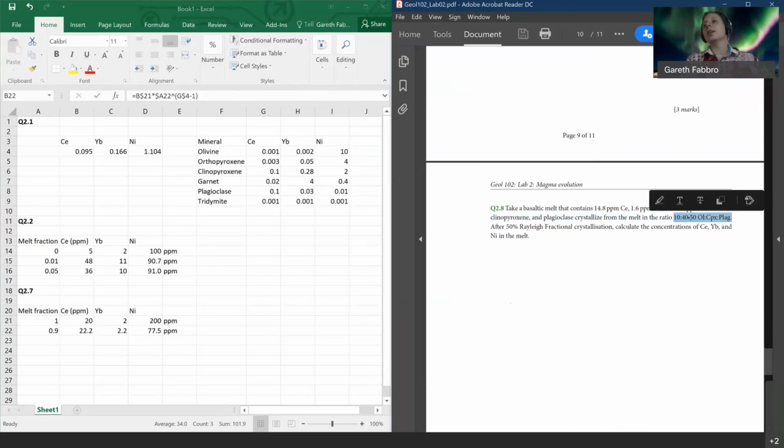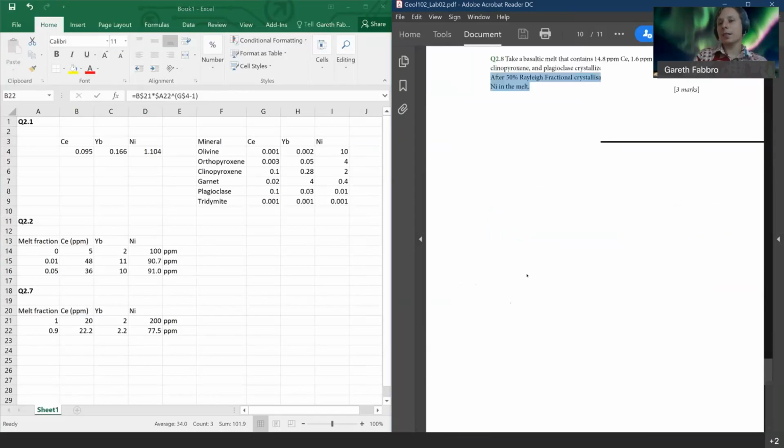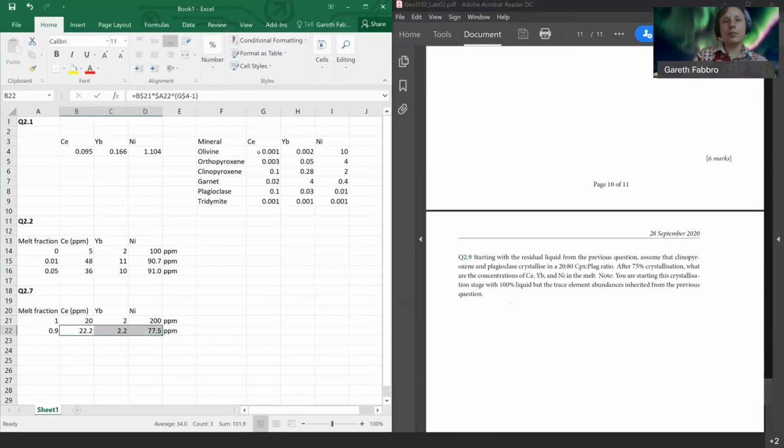In this case, you have to work out the bulk partition coefficients again of this solid. And then you can calculate your Rayleigh fractional crystallization. So you just do this equation here. But here we could just plug in the number straight from olivine. Remember question 2.2, we had to first calculate the bulk partition coefficients.